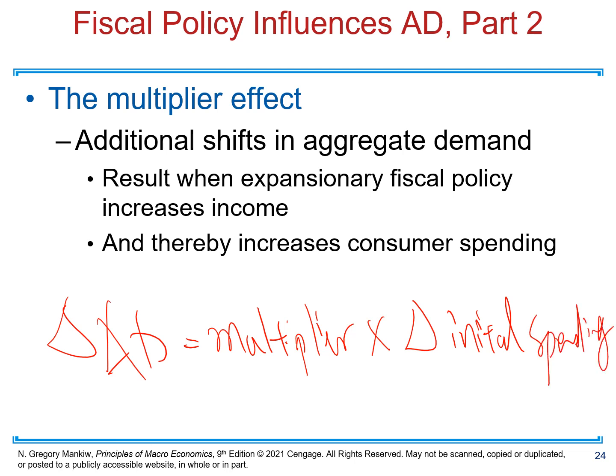So how much the initial spending is, times the multiplier, equals your change in aggregate demand. And by the way, that triangle is called delta, which stands for change. So the change in aggregate demand equals the multiplier times the change in the initial spending.